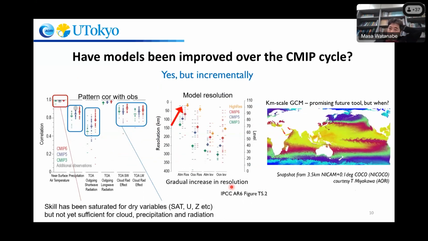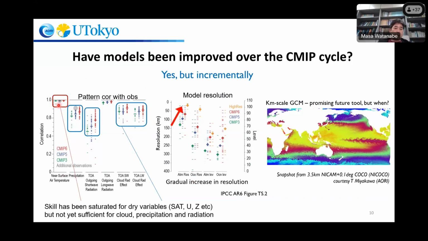And over the past 3 CMIP cycles, we have been asking ourselves how much the models have been improved. The left two panels were taken from the AR6 report and show the pattern correlation of the model mean field with observations.